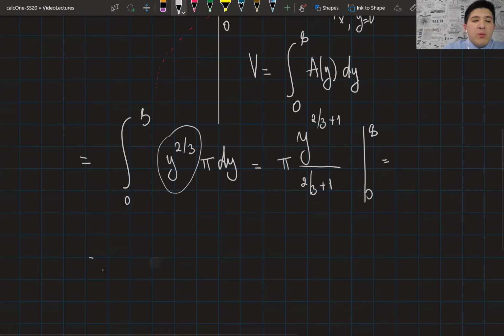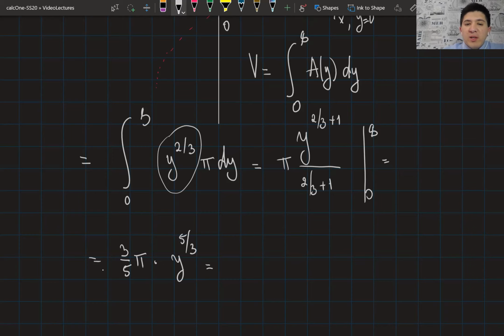If we add 1 to 2 over 3, it's going to be 5 over 3. It goes up, so it is going to be 3 over 5 multiplied by pi, multiplied by y to the power of 5 over 3, right? So now we have to substitute 0 and 8.